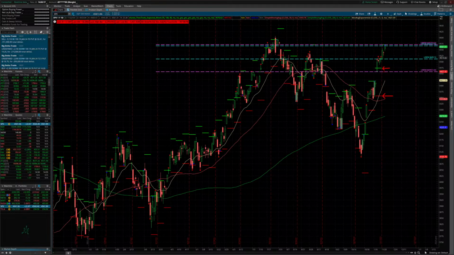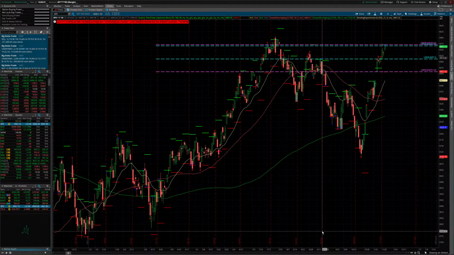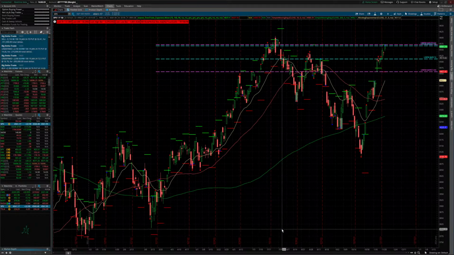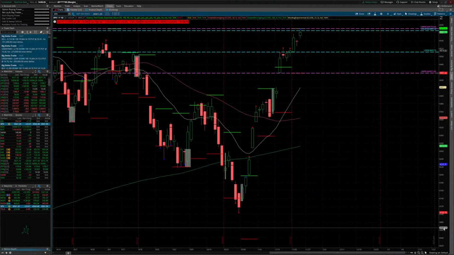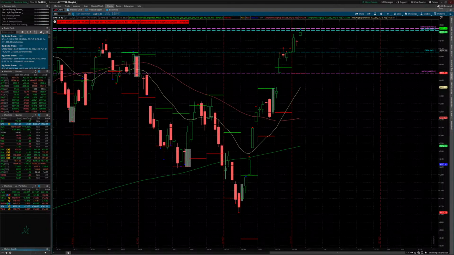So that's where I get my weekly expected move. Then I calculate the daily expected move, just like I showed. Zoom in on that a little bit. All right, so this is the lower weekly expected move. I just lay these lines right on top of this indicator. All right, so that's what I use.